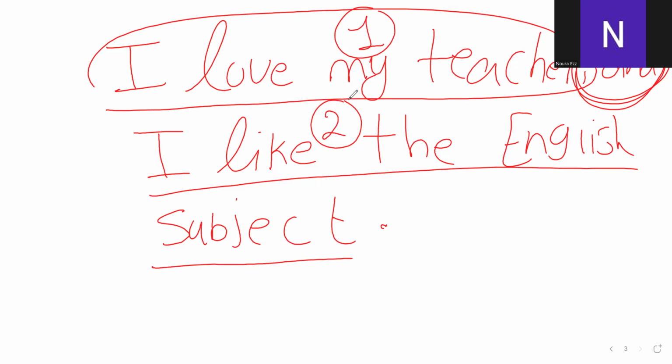So if I'm able to understand each one of the clauses independently, that means they are both independent clauses. Independent means you can understand it alone. It doesn't need help. It's a full sentence and full thought without any other help. That means this is a compound sentence.